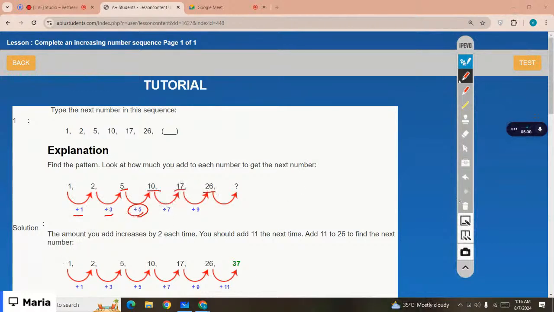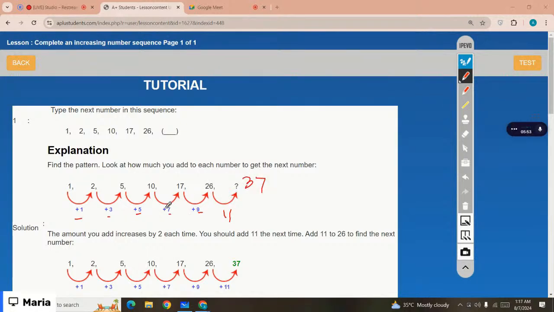Now you have to see which is the next number you have to add to make the next number. See here the pattern 1, 1, 3, 5, 7, 9. So every time you're going to add a number that is increasing by 2. So the next number you need to add would be 11, right? So 26 plus 11 is 37. So the next number in the sequence is 37.